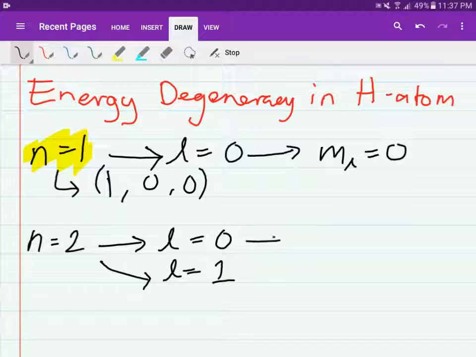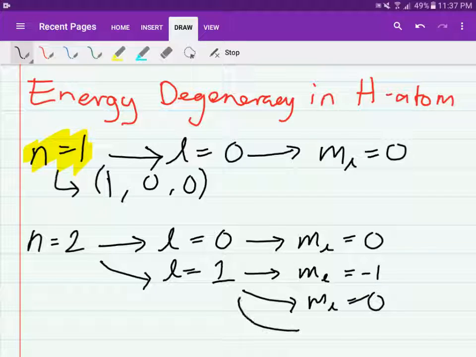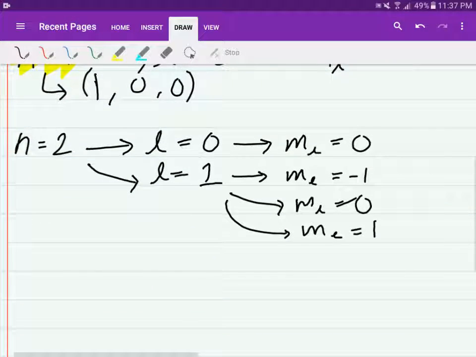L equals 0 can only have a value of ML equals 0, but L equals 1 will have three values for ML: minus 1, 0, and positive 1. So how many states do we have? 1, 2, 3, and 4. We have 4 states associated with n equals 2.